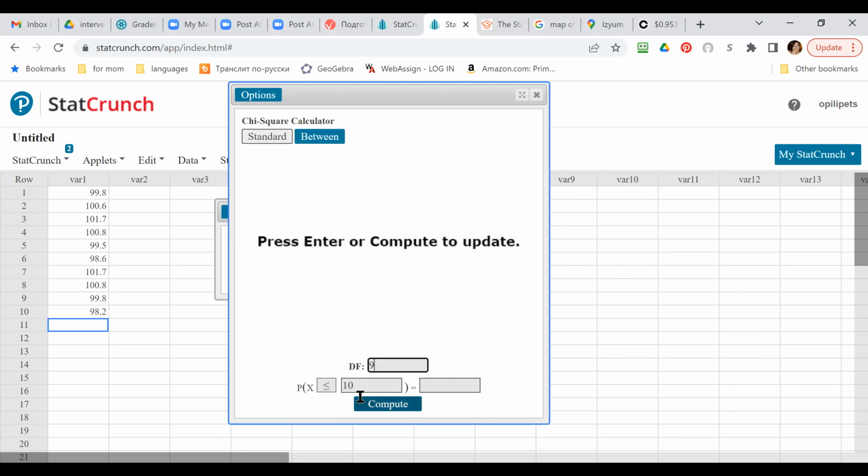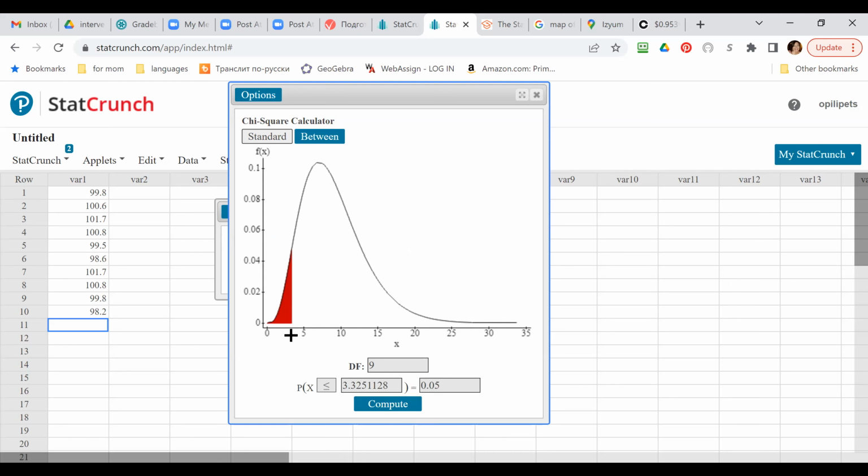And I will need to find two values. Remember, my alpha is 0.1. Alpha divided by 2 will be 0.05. So that's what I'm going to put into this field on the right, 0.05. And I'm going to compute this chi-square that separates the bottom alpha over 2 region.